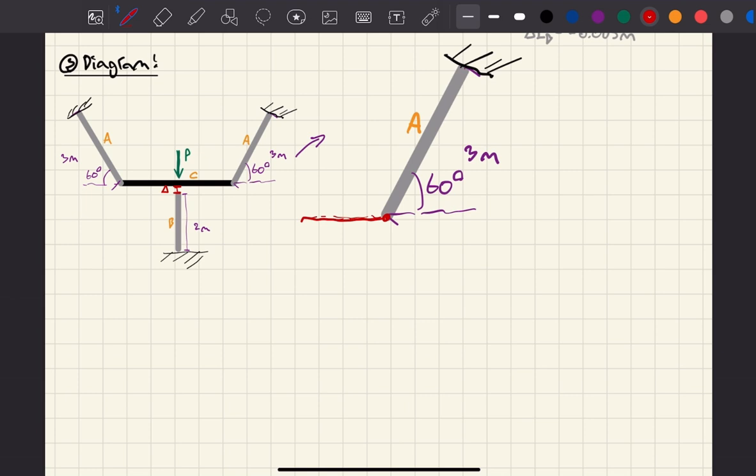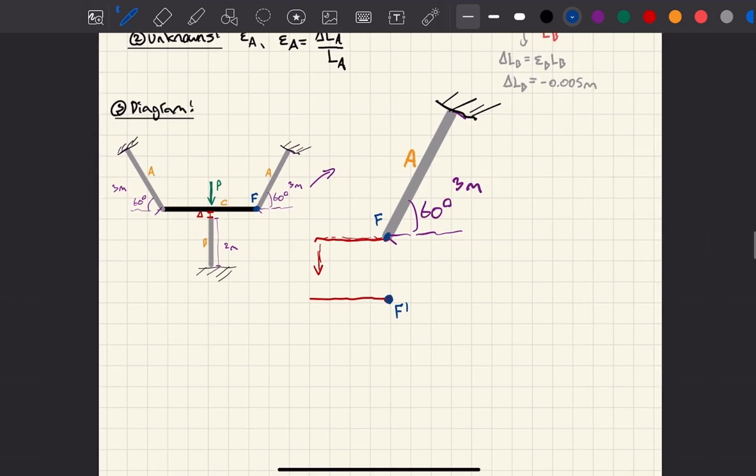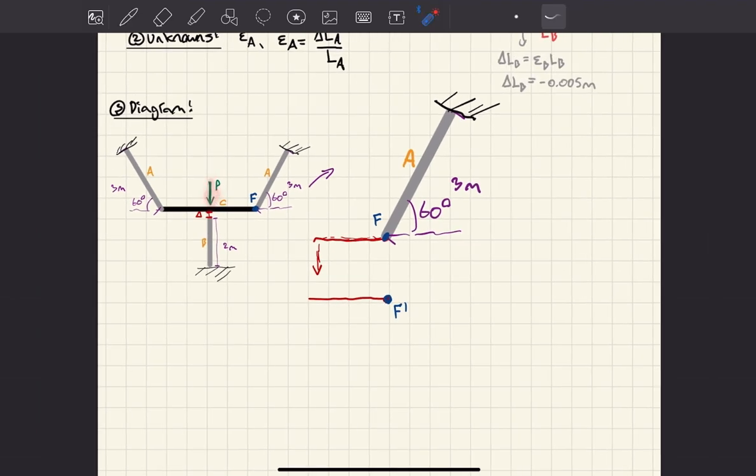And then let's say after some displacement, after we apply load P, bar C is down here, right? We'll call this point F, and this is F prime. So after I apply this load P, bar C is going to go down to its new position, taking bar A with it. So this is kind of what the new bar A looks like.